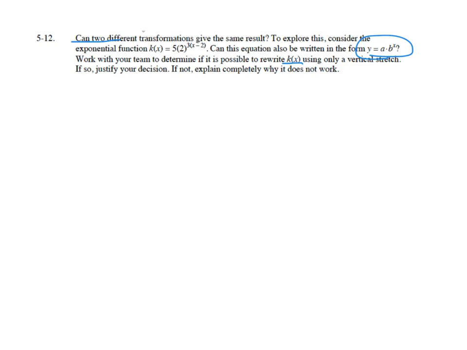So let's take some of those properties and apply them to this particular problem and see if we can't change k of x equaling 5 times 2 to the 3 times x minus 2 into an a times b to the x.